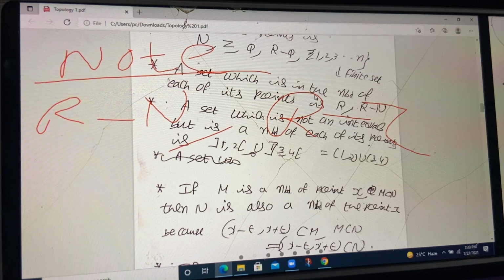So, a union of intervals need not be an interval. That is also one thing we can infer.